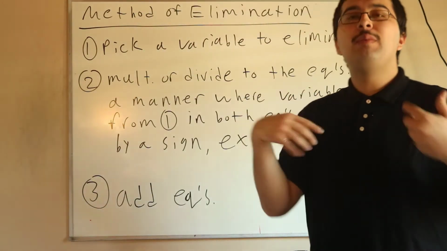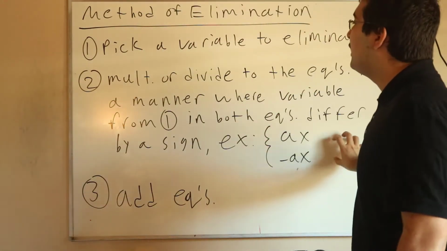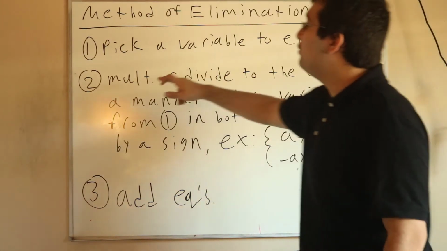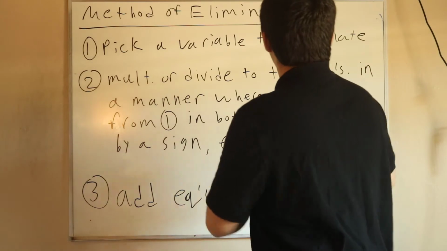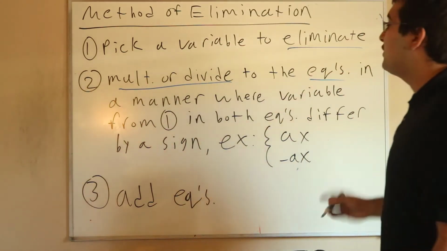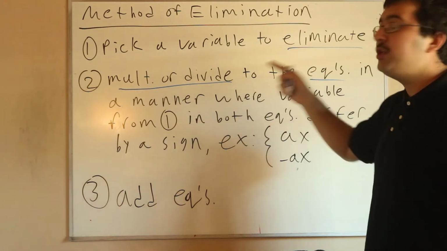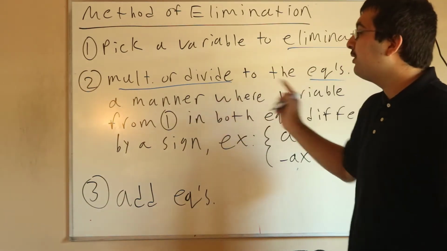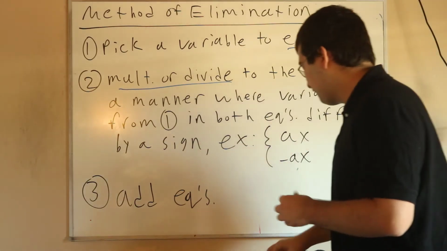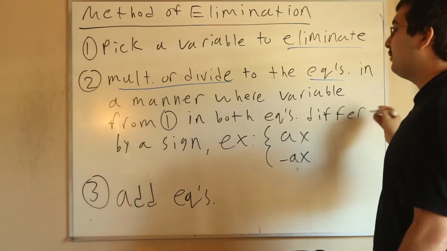Alright, so what do we mean by eliminate? Well, that idea comes here in step 2. So what we're going to do is multiply or divide the equations in a manner where the variable we chose from step 1 in both equations differs by a sign.